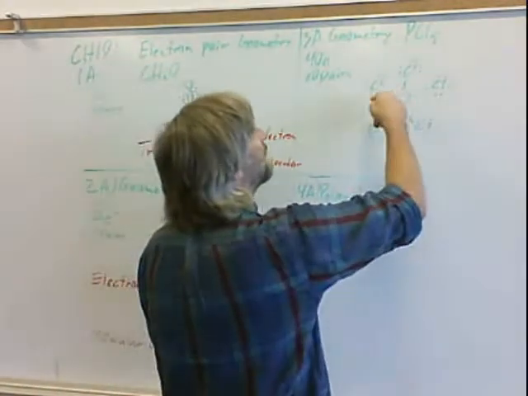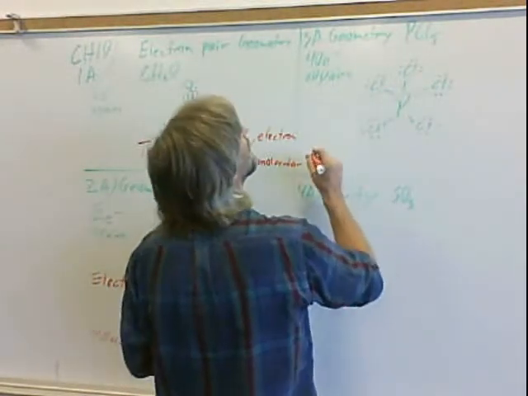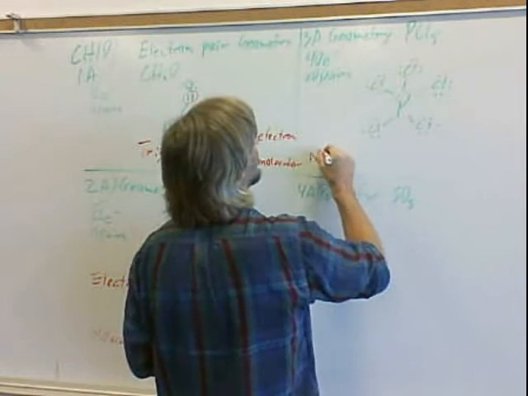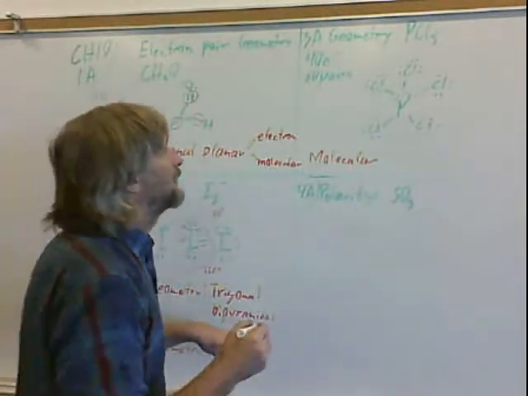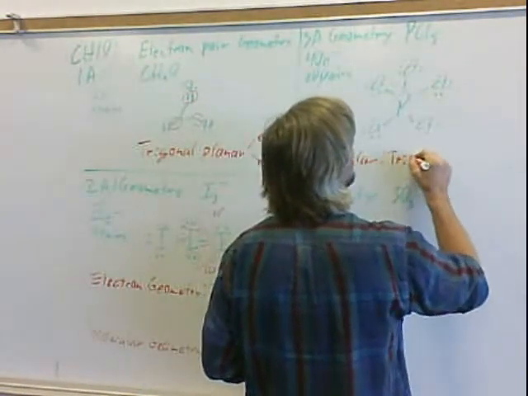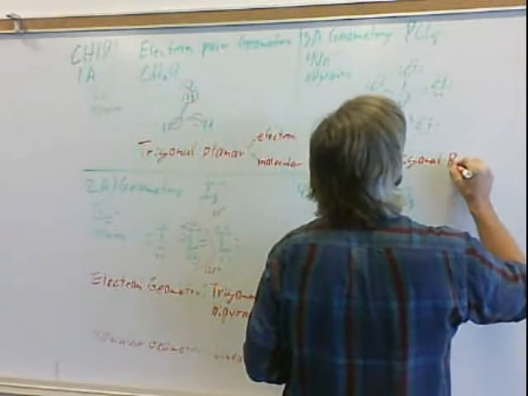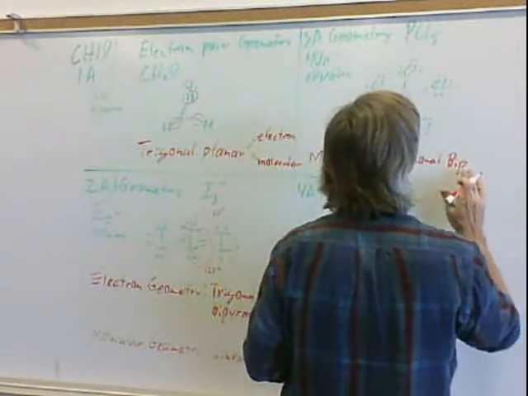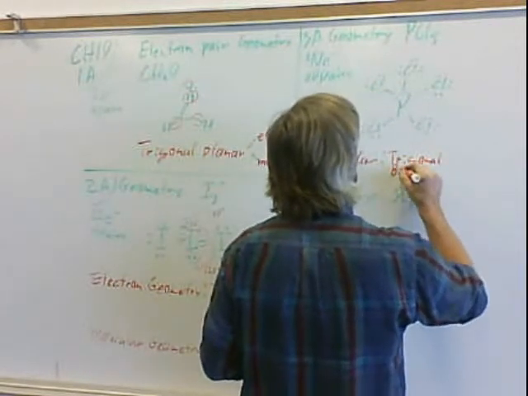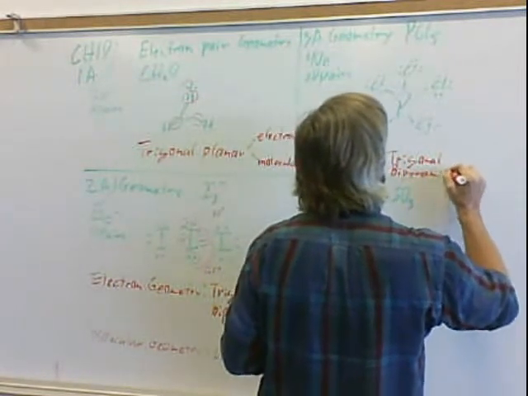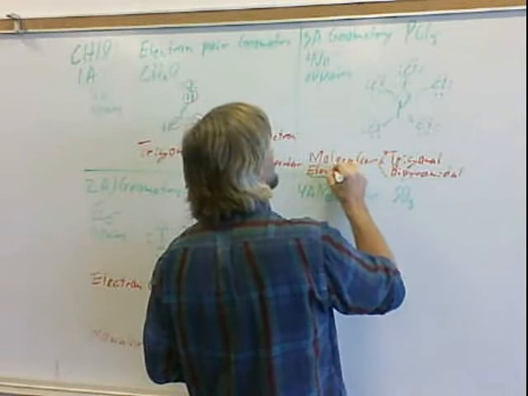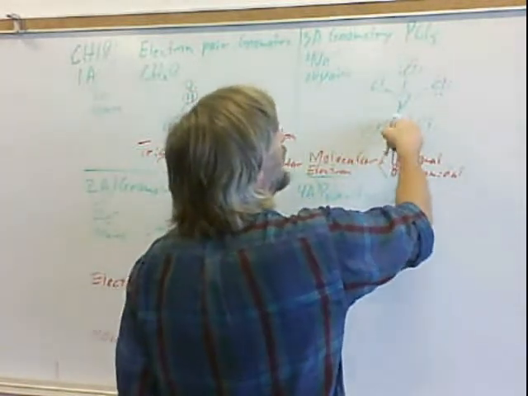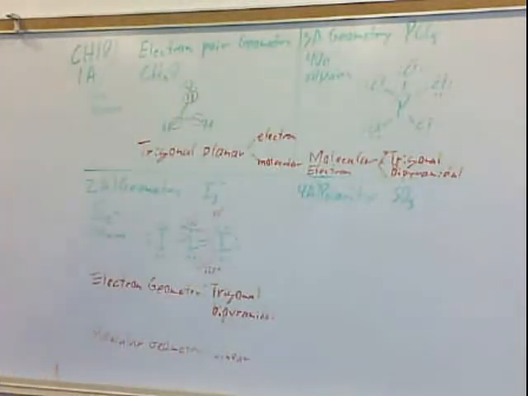So we have our 5 electron groups. 5 electron groups is going to be that trigonal bipyramidal geometry. This is also our electron geometry. And whenever we don't have a lone pair on the central atom, our molecular geometry and electron geometry are going to be the same.